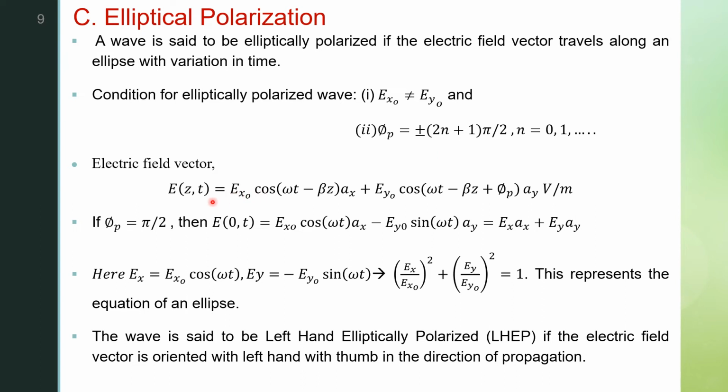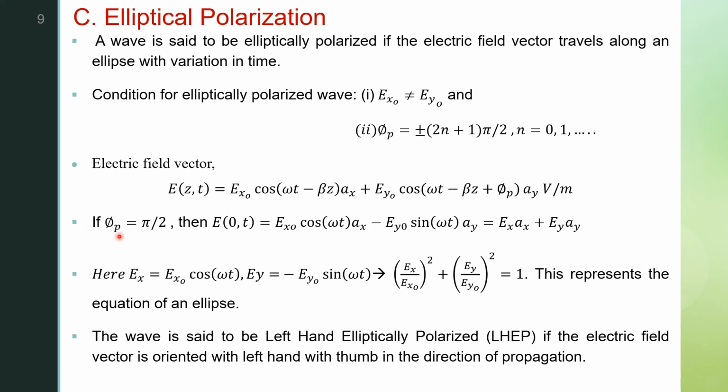So this is a general expression for the electric field vector, that is E of z comma t is equal to Ex0 cos(omega t minus beta z) ax plus Ey0 cos(omega t minus beta z plus phi) ay. So here let's consider n is equal to 0. If n is equal to 0, then the phase difference is pi by 2.